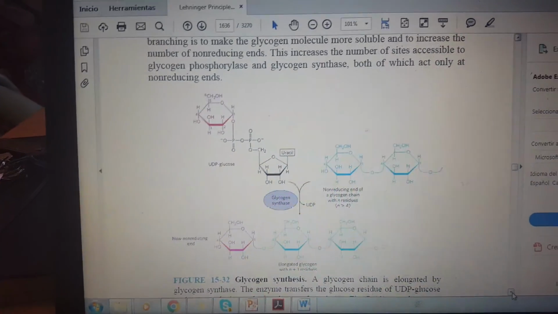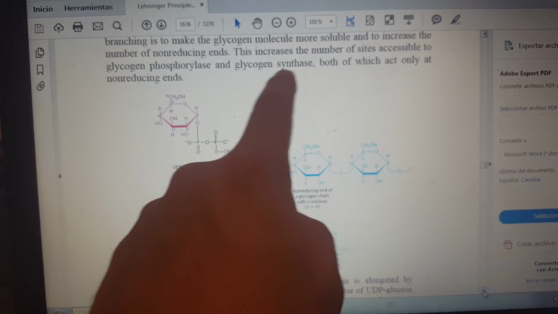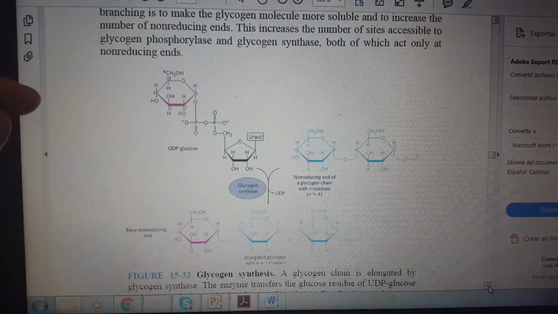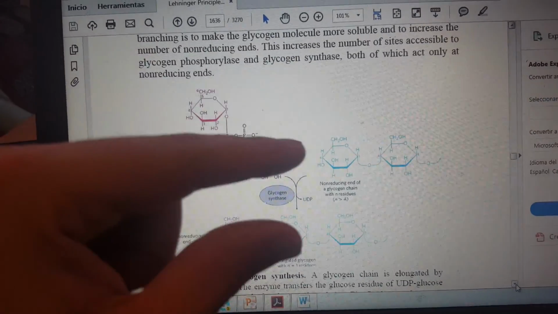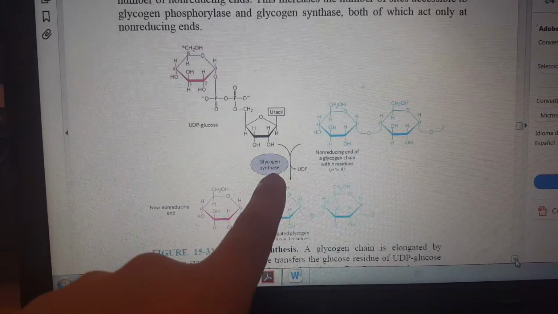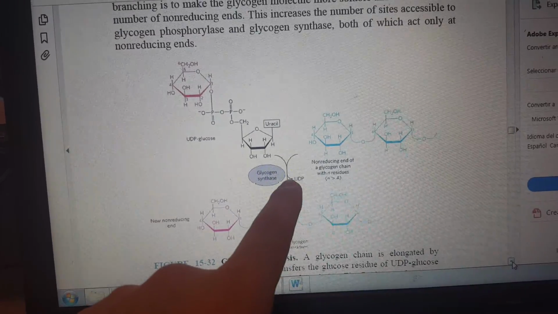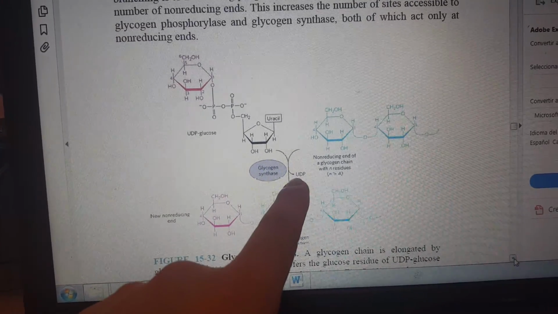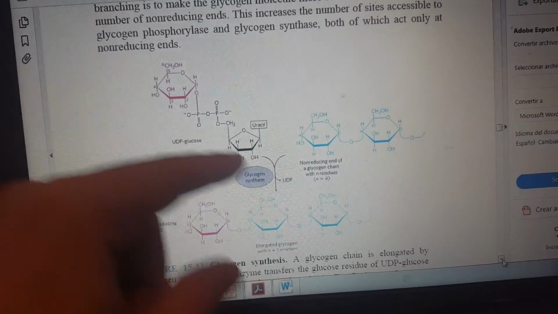By the action of glycogen synthase. This enzyme here, glycogen synthase, is going to catalyze the formation of the chain, the polymerization. Here we have the action of glycogen synthase and the liberation of UDP, because we have the UDP glucose here.